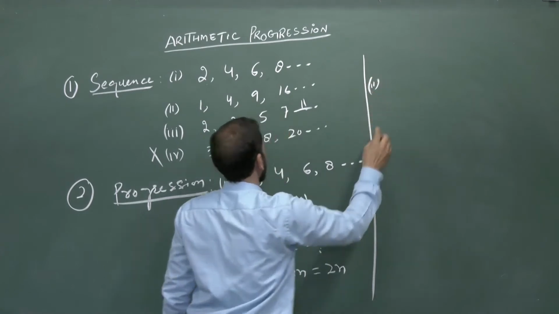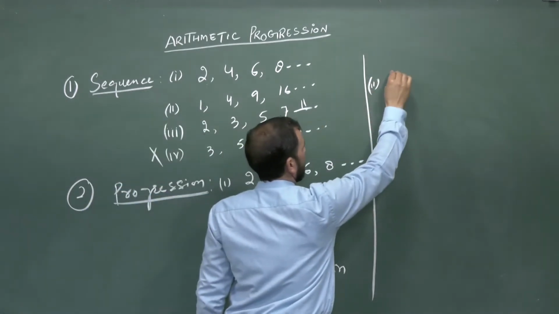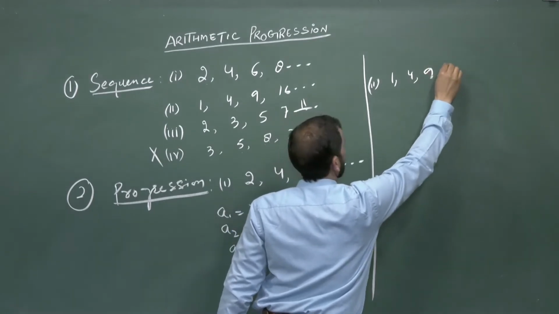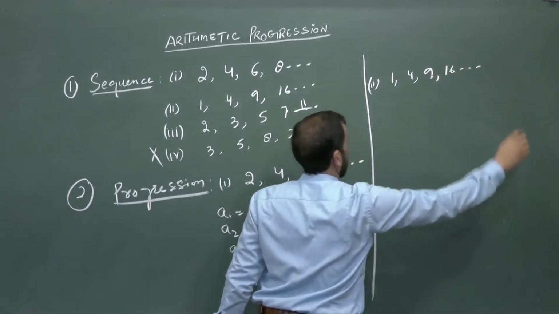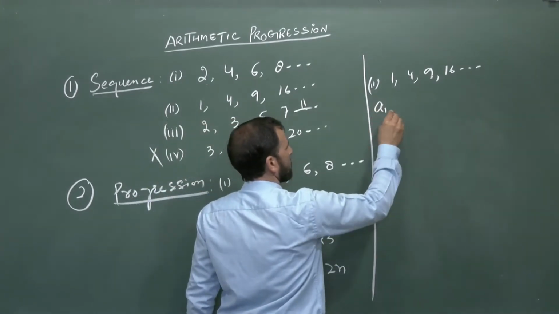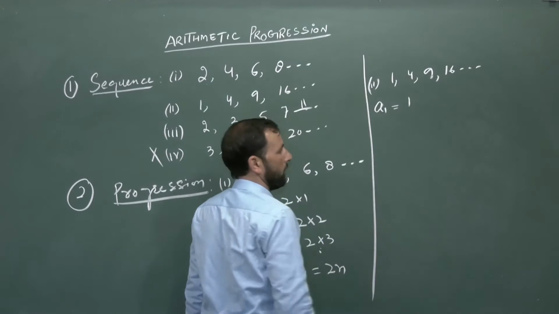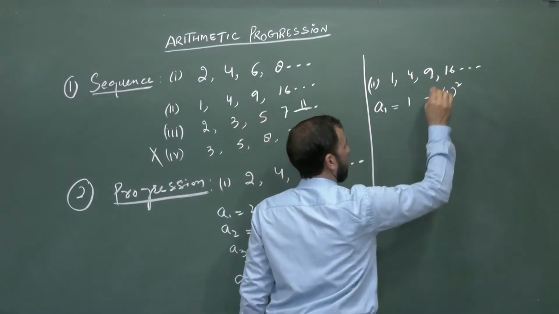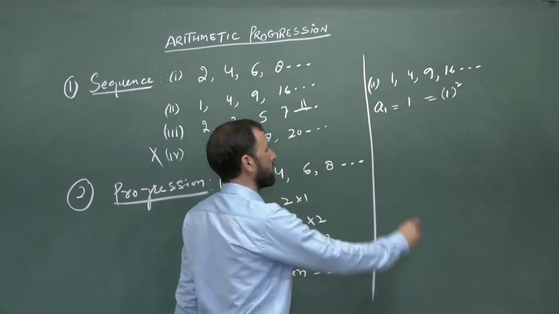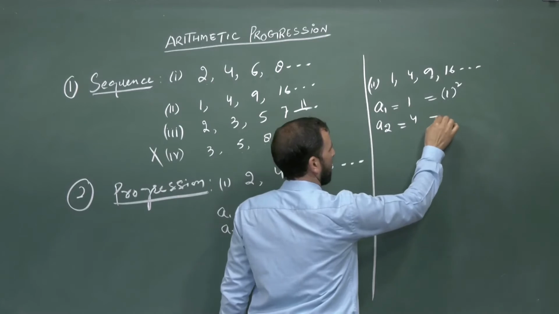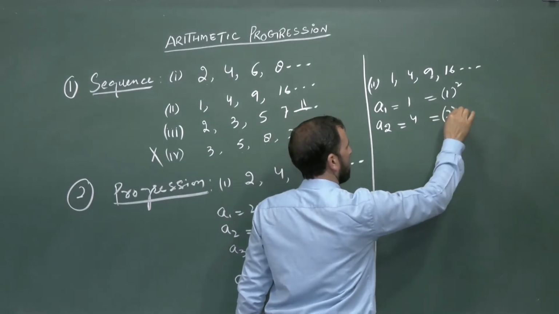The second one is 1, 4, 9, 16 and so on. Here A1, the first term of this sequence, is 1, or we can write it as 1 square. The second term, A2, is 4, which we can write as 2 square.